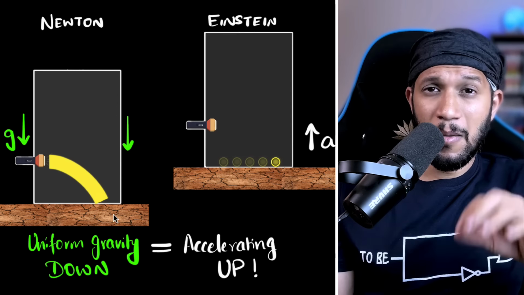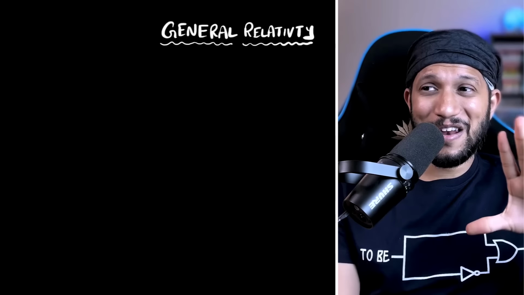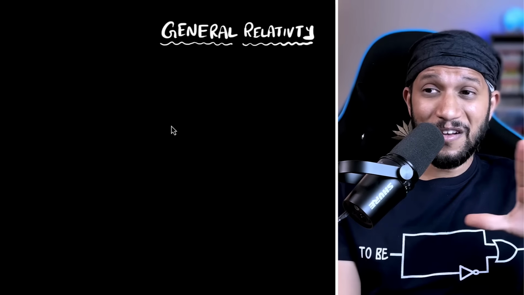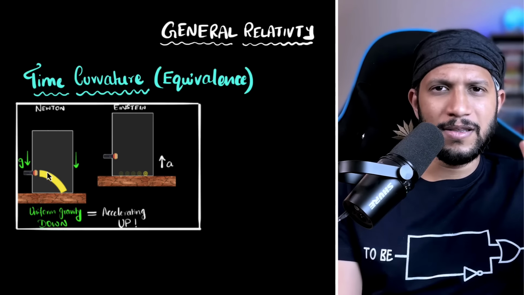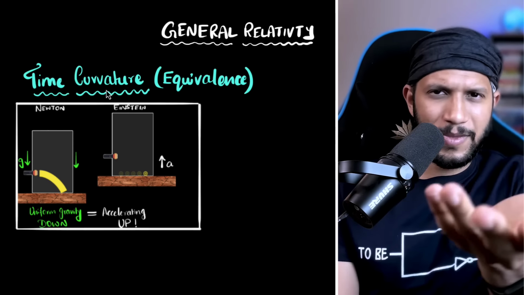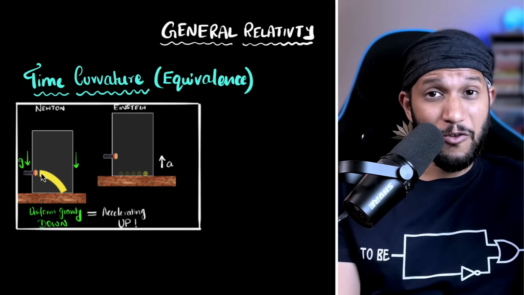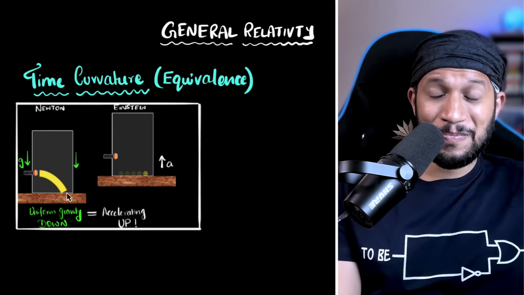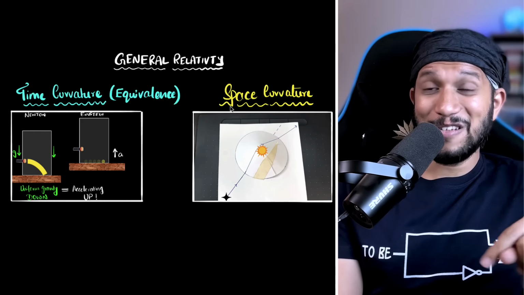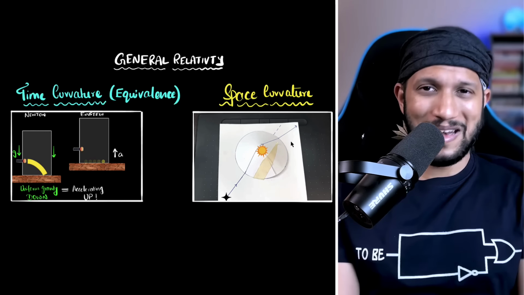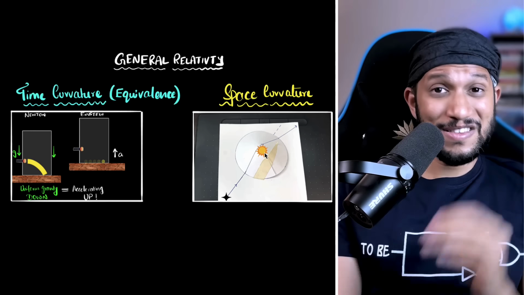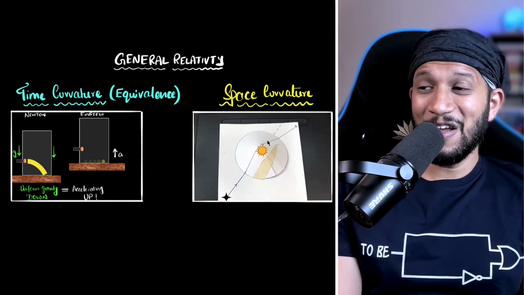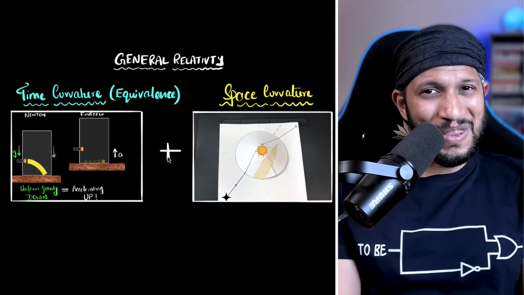Einstein says both. Now we're starting to get a full picture of general relativity. In earlier videos, we talked about the equivalence principle, which actually brought out the ideas of time dilation, which is the same thing as saying time curvature. And from that, we get light bending. But in this video, we saw that spatial curvature can also bend light, which means if you want to actually find out the correct deflection of this starlight, we need to add both these effects.